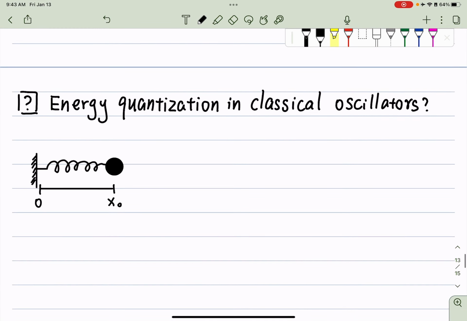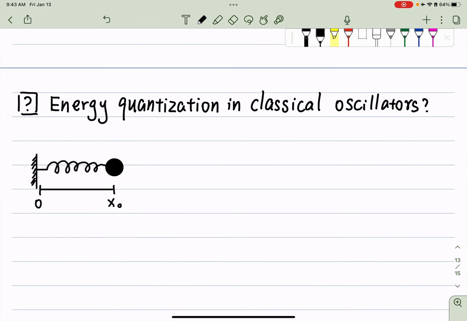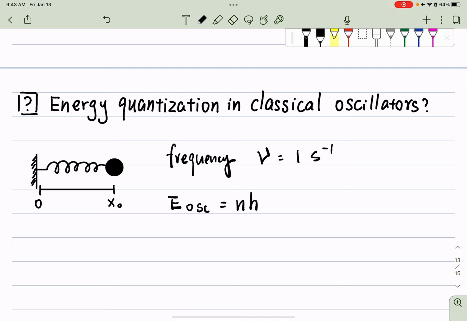I'll give a simple example. Let's imagine the frequency, mu, is about 1 hertz, meaning that the ball is just oscillating every second. So the E oscillator in the quantum hypothesis is n h mu, where n equals 1, 2, 3, and so on.